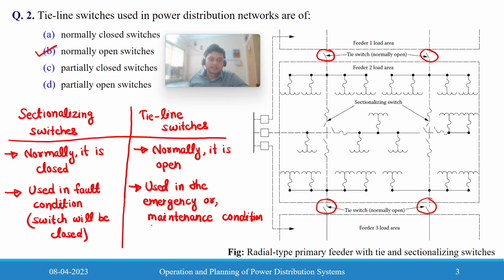So in that condition the tie line switch should be closed. Sorry, for the tie switch it will be closed, and for the sectionalizing switch it will be open.